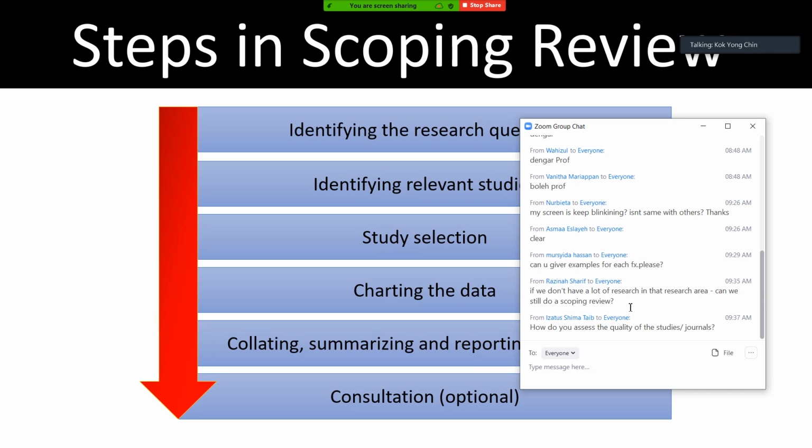From Dr. Razina: if we don't have a lot of research in that research area, can we do a scoping review? I would say yes. You can either write a scoping review or a research hypothesis. There's one type of manuscript which we call a hypothesis or perspective, whereby you do not have a lot of direct evidence, but you can still write a review. For example, I'm doing vitamin E and tocotrienol and bone.